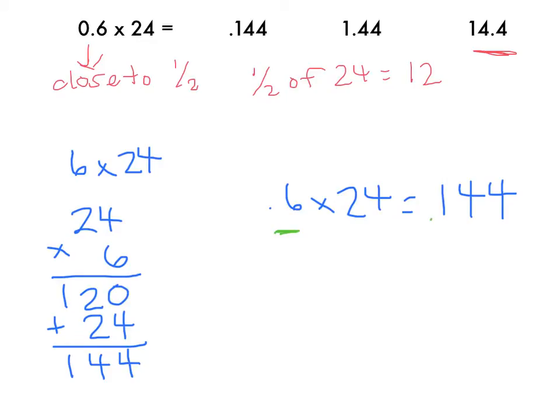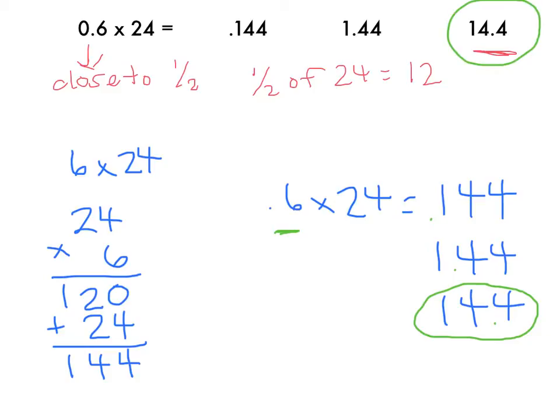It could go here, it could go here, or it could also go here. And if I think about what we said at the beginning, that 6/10 was close to 1/2, and that half of 24 is 12, then it makes the most sense that the answer would be 14 4/10.